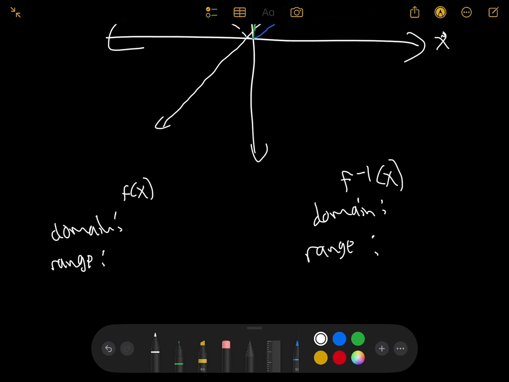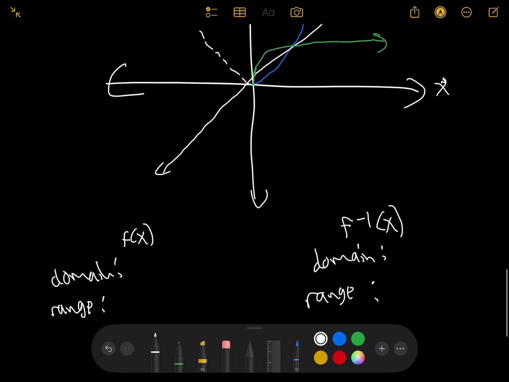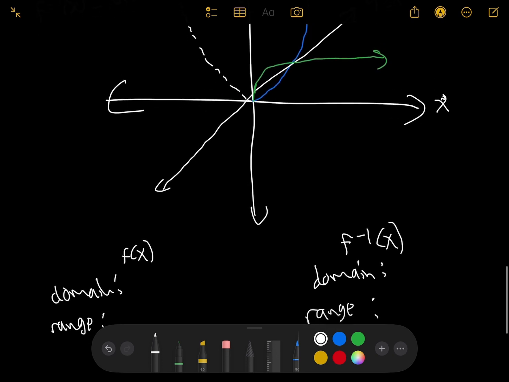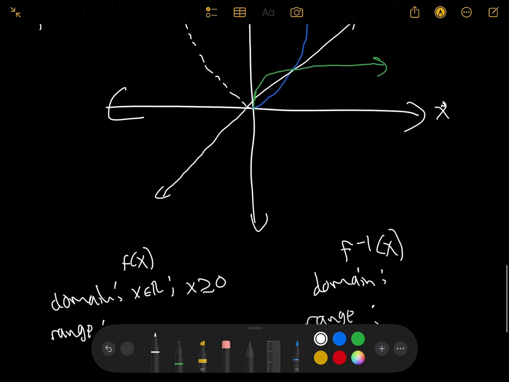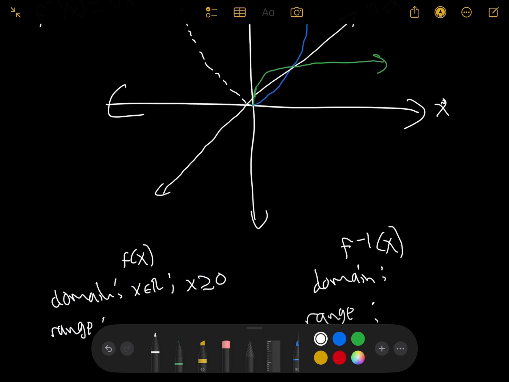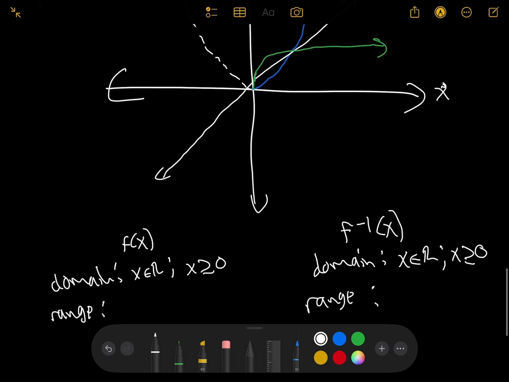So here, the domain of this one has already been restricted, right? So x is an element of the real numbers where x is greater than or equal to 0. The domain of the other graph is basically the same: x is an element of the real numbers where x is greater than or equal to 0, right? And then what about the range?